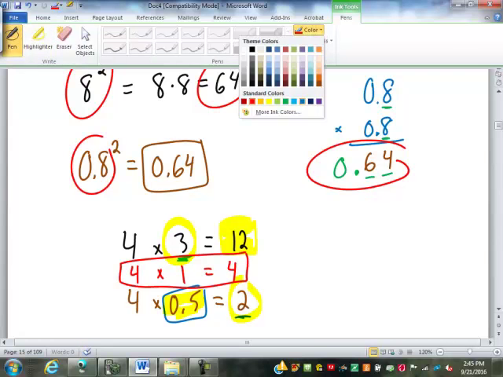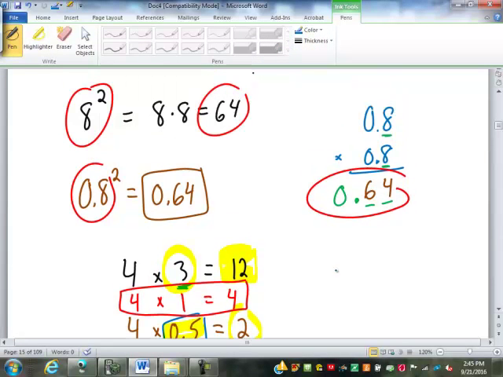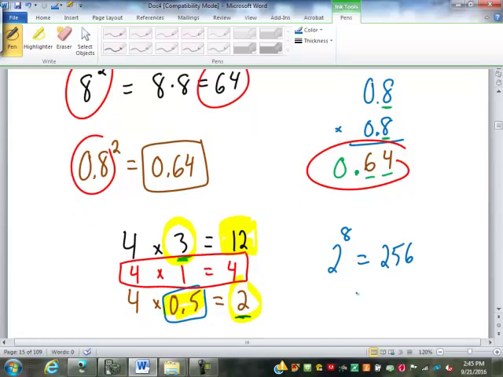So for powers, we're used to powers making things really big. I mean, 2 to the power of 8 is 256. That gets big really fast. But if the thing we're taking to that power is smaller than 1, each time it multiplies by itself, it's going to continue to get smaller.